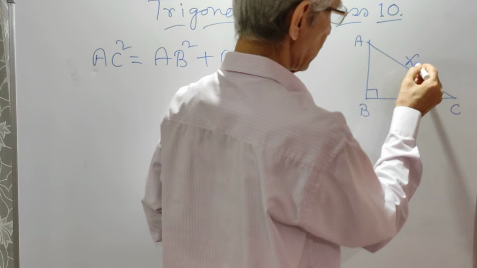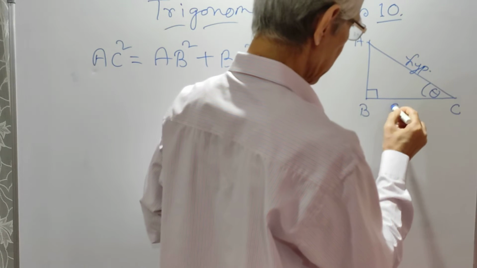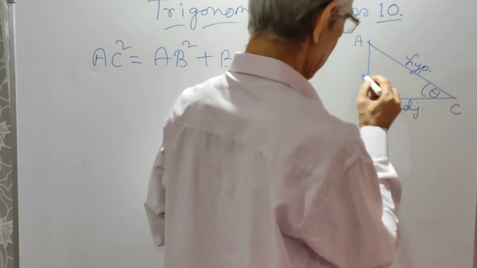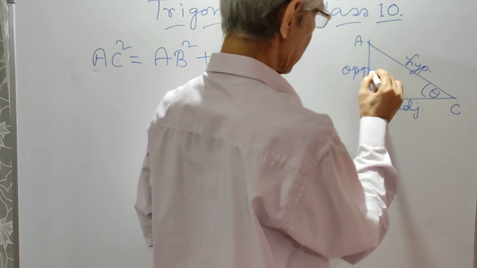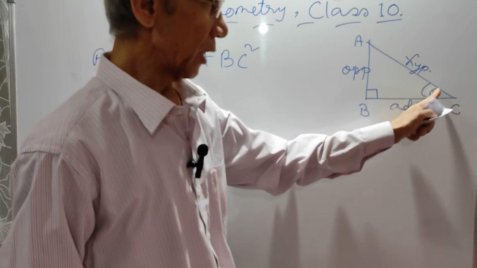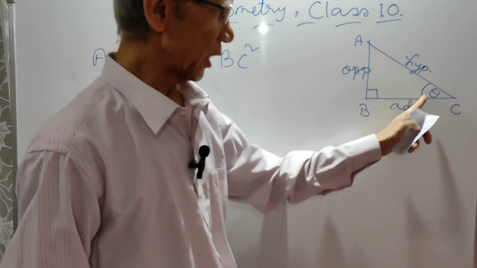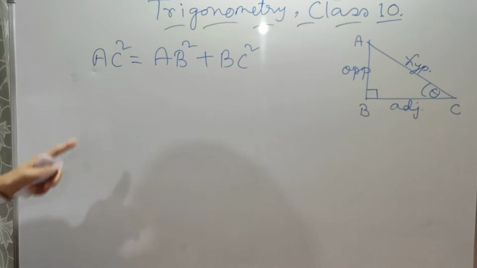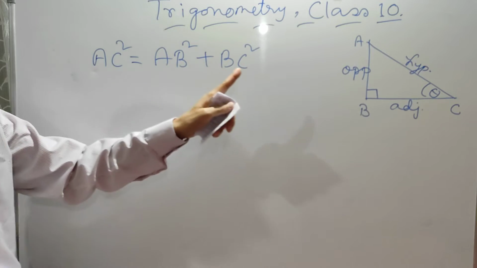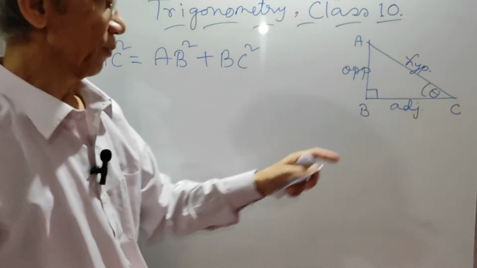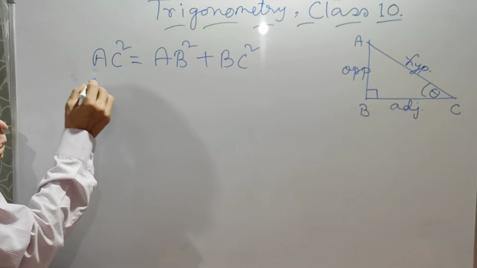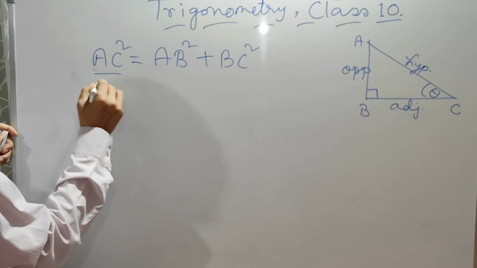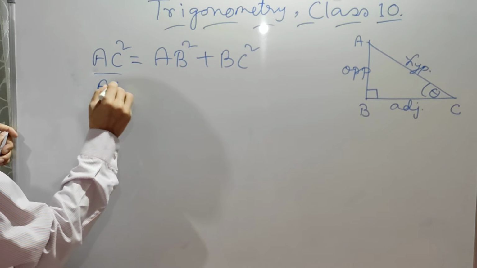So this is hypotenuse, this is adjacent, and this is opposite. Opposite to angle theta, this is hypotenuse, this is adjacent to angle theta, touching angle theta. Now this is what we get by using Pythagoras theorem.